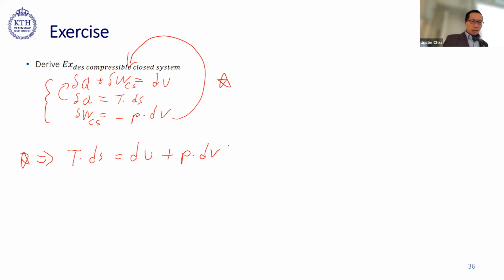Straightforward. And then if we divide everywhere by T, dS equals dU over T plus P over T dV. I'm just putting T on the other side. And then this with the ideal gas. So here comes the ideal gas.